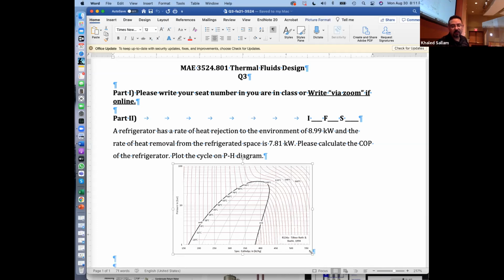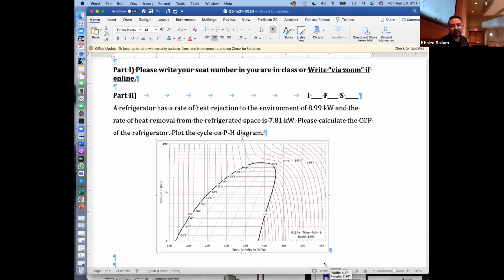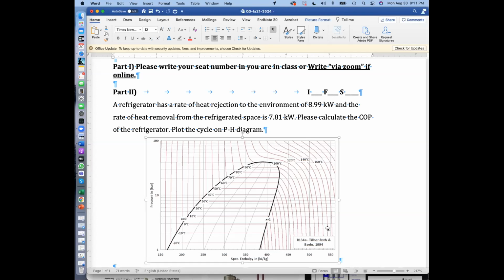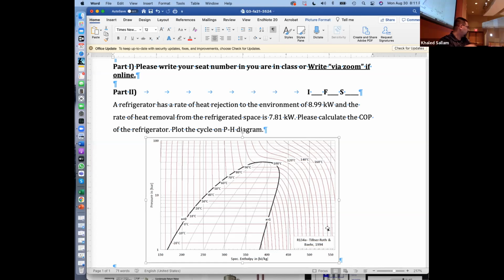You see, this is the actual PH diagram of R-134a. You can see the kind of temperature that it has. If you're done and you took your picture and uploaded, we are done.